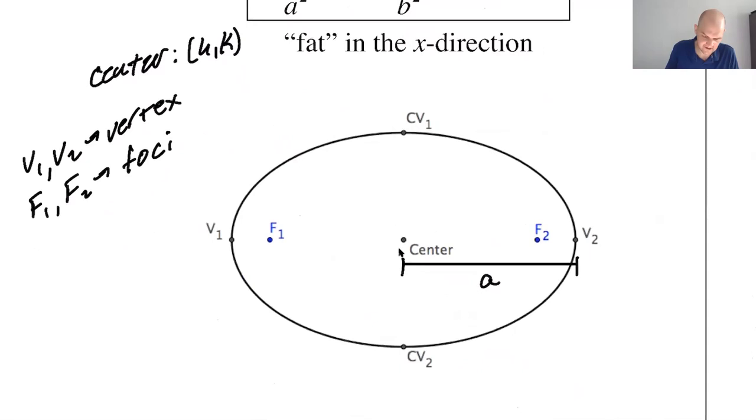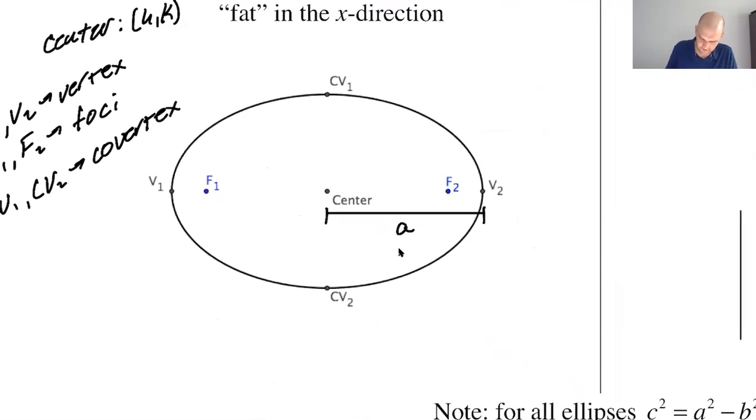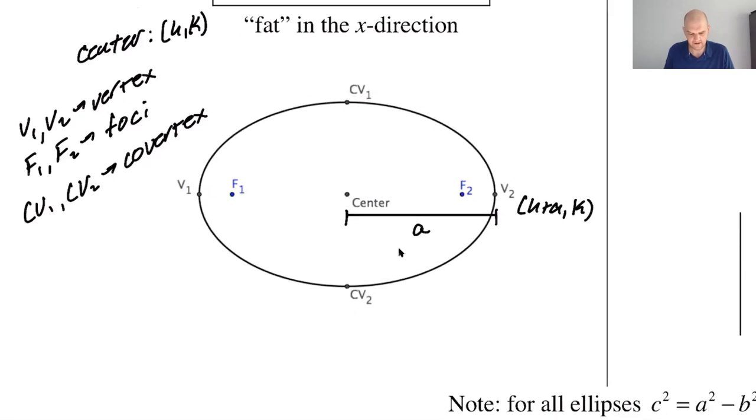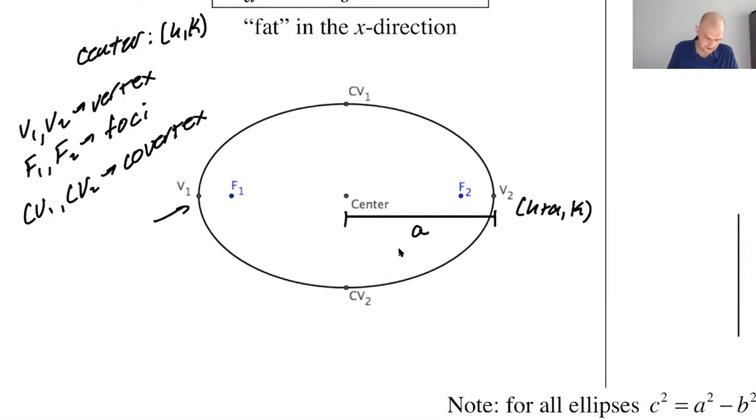And CV1 and CV2, so much stuff, those are covertices, covertex. All right, so the center is (h, k). Then this point right here is going to be (h plus a, k), for example, and this point over here is going to be (h minus a, k).